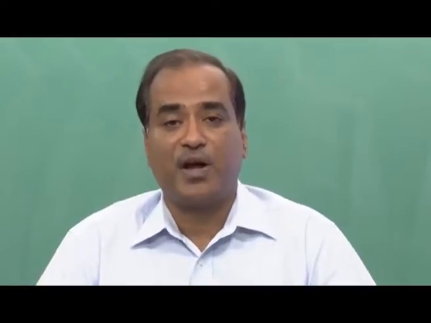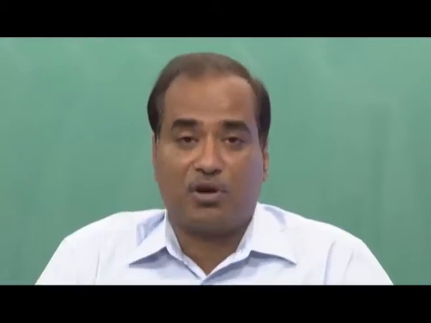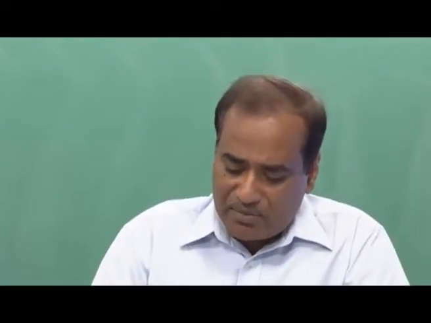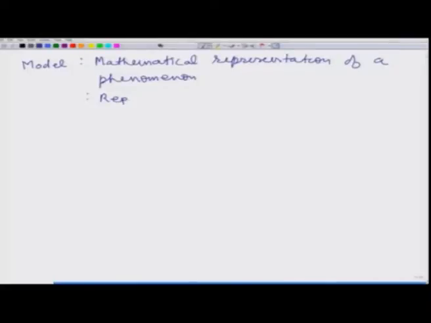So now, in case if you try to find out the relationship between the input and output variables, that will be called as a model, right? So essentially, model is nothing but this is simply the representation of a relationship.